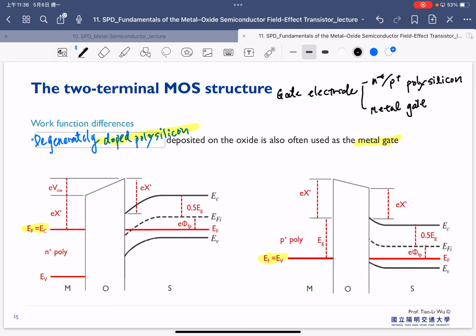I would say right now, in most semiconductor devices we use a metal, but in some cases we still use polysilicon. That's why we still need to mention that it is also possible to use polysilicon as a low resistance electrode.